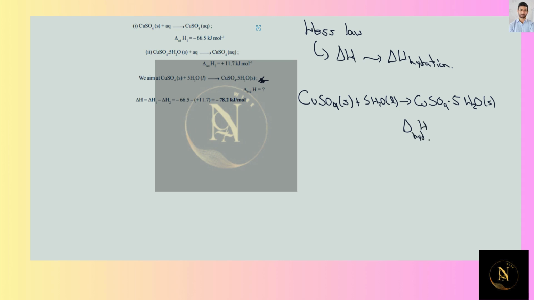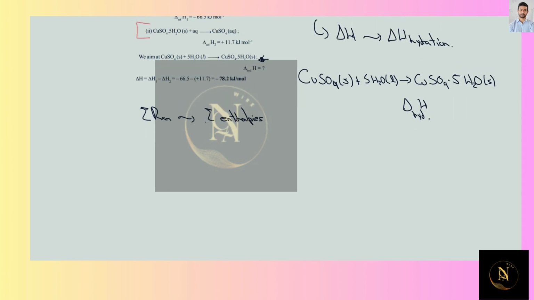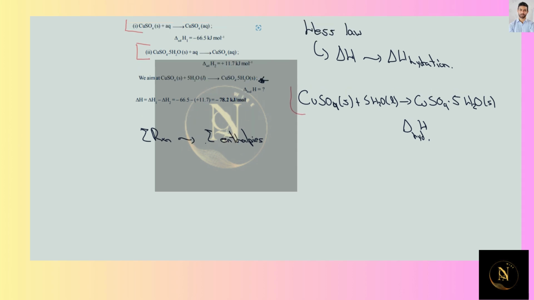We can apply Hess's law using these couple of reactions because what Hess's law tells us is that the sum of the reactions corresponds to the sum of the enthalpies for the reactions. That means if I want to get this equation over here, I can arrange the first ones that I have to get our final result.